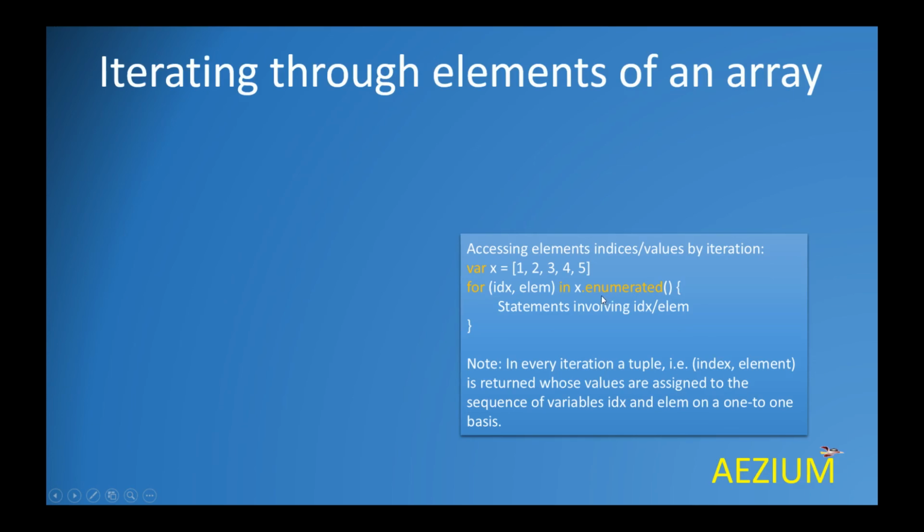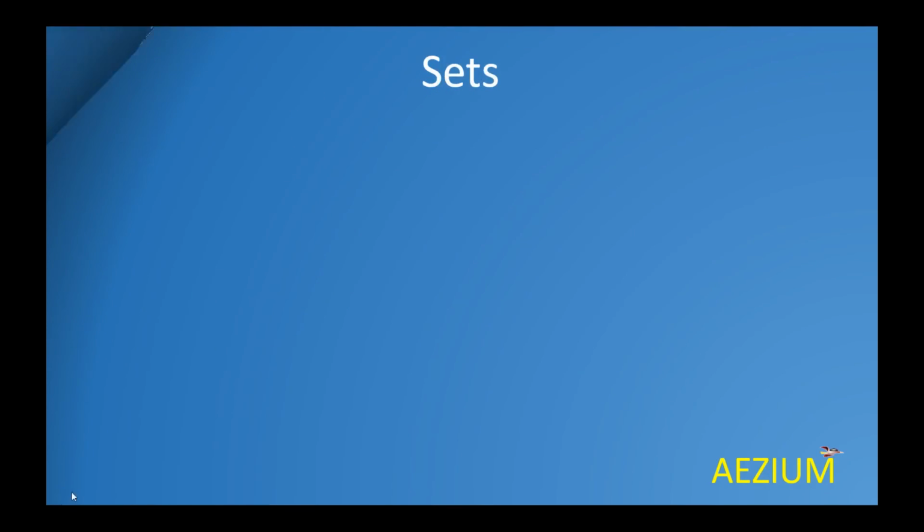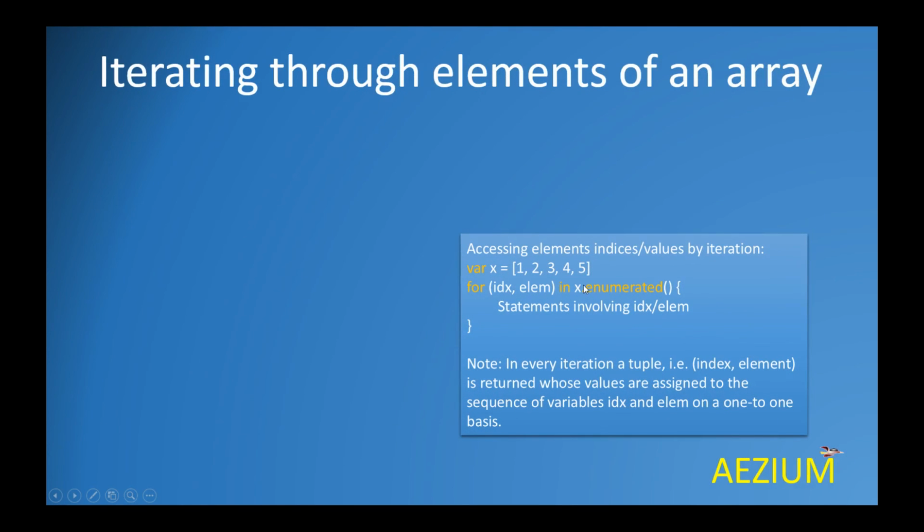Each tuple contains the index and the value of individual elements of the array in the correct order. And then the for in loop will take each tuple on a one-to-one basis and assign them to this sequence of variables, idx element. This is not a tuple, this is a series of temporary variables, which are only used within the for loop.